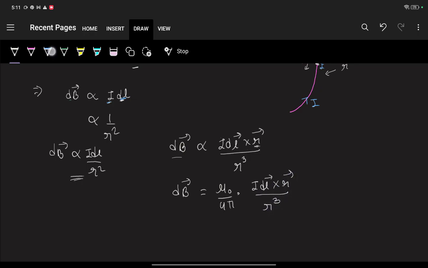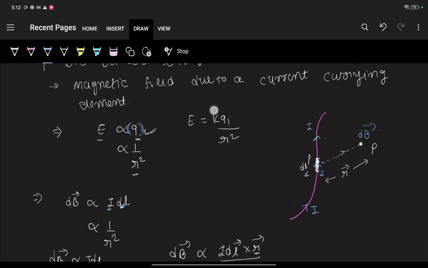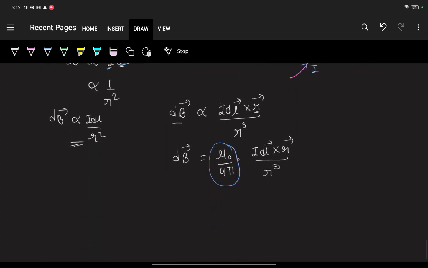This is the constant, like in electrostatics we were getting this k constant. Here in the magnetic field, we are getting mu 0 upon 4 pi. The value of mu 0 upon 4 pi is simply 10 raised to minus 7, or mu 0 can be given by 4 pi into 10 raised to minus 7.